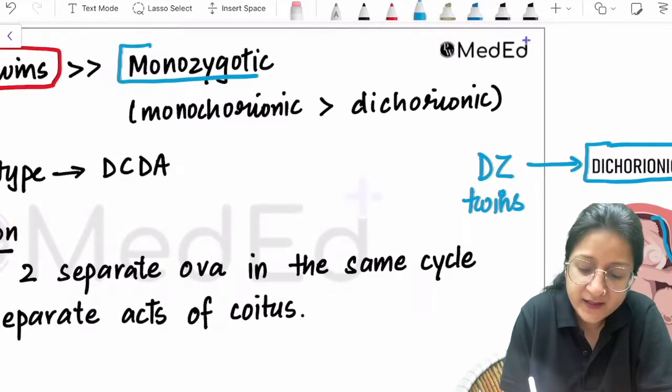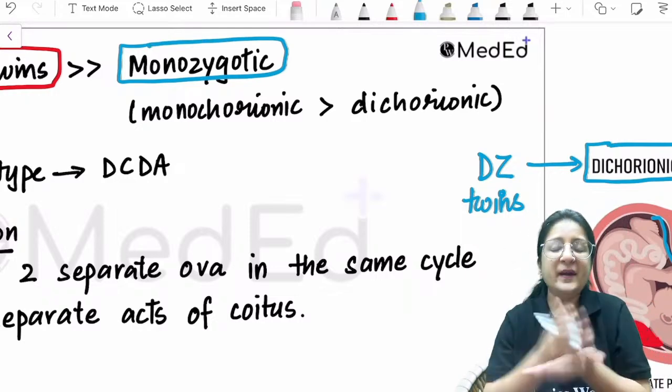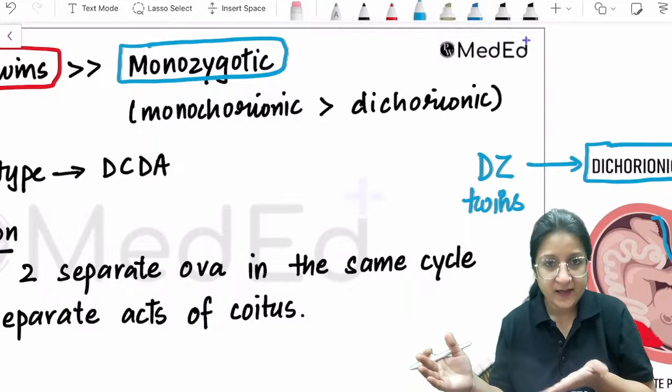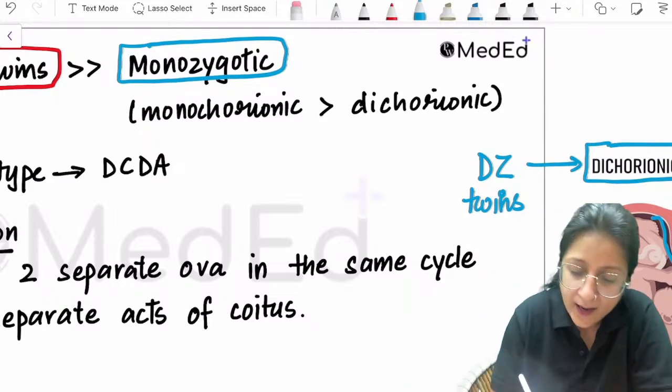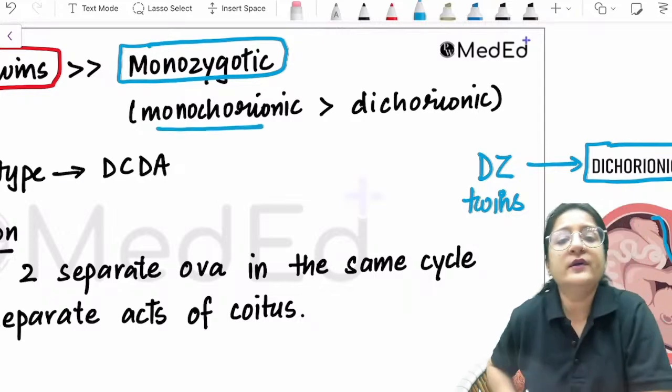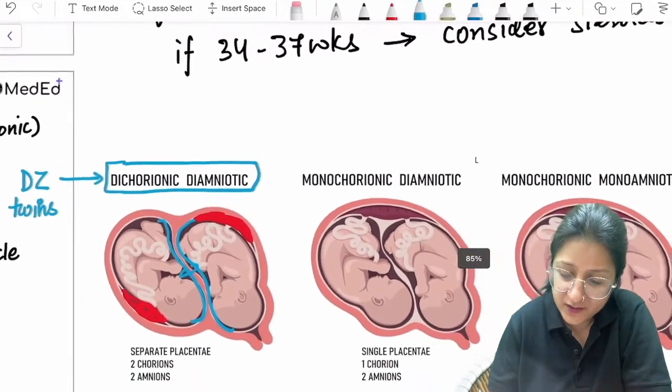Now, monozygotic twins, they were a single zygote to begin with, and then they divided into two. So, depending upon the timing of their division, they can be dichorionic or they can be monochorionic. Among the monozygotic twins, monochorionic are more common. So timing of division is also important.